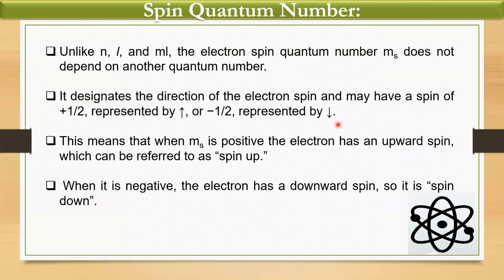This means that when ms, the spin quantum number, is positive, the electron has an upward spin, which can be referred to as spin up. And when ms is negative, the electron has a downward spin, also referred to as spin down.